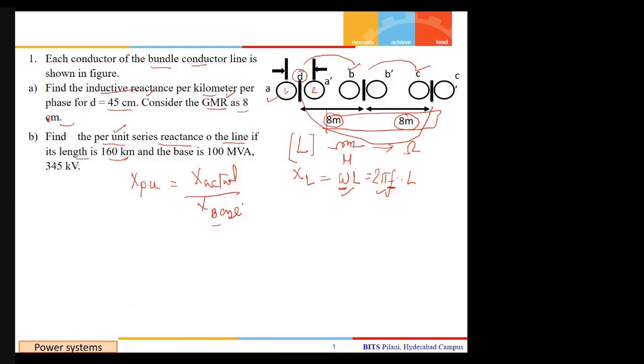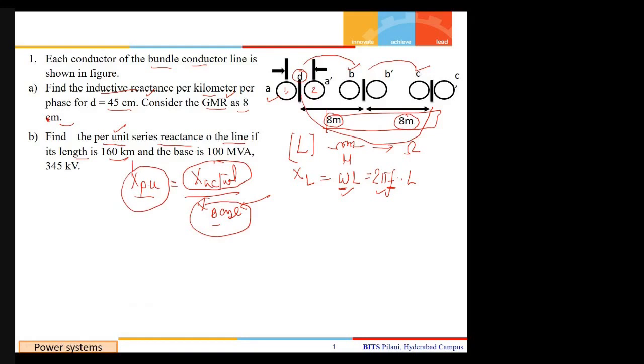Then the base value of that system is constant throughout the power system network. The actual value of each individual device, whether transformer, transmission line, or generator, is divided by the base value of the entire power system to get the reactance or impedance in per unit.